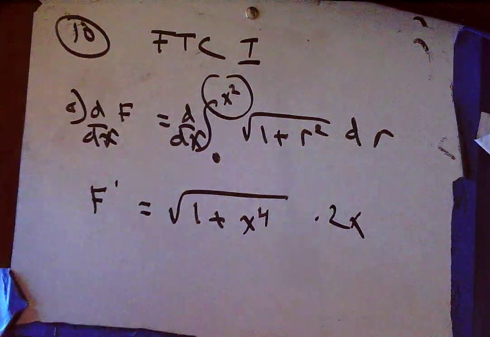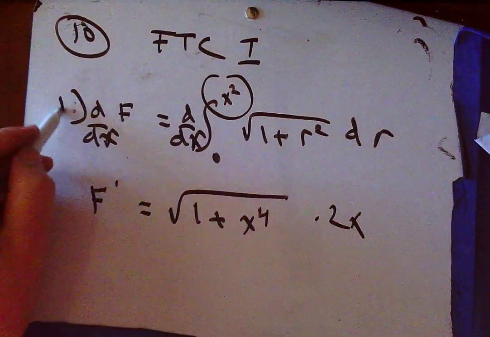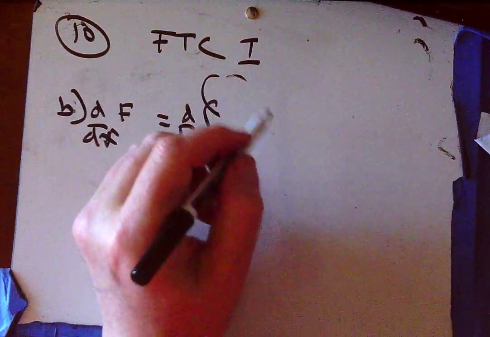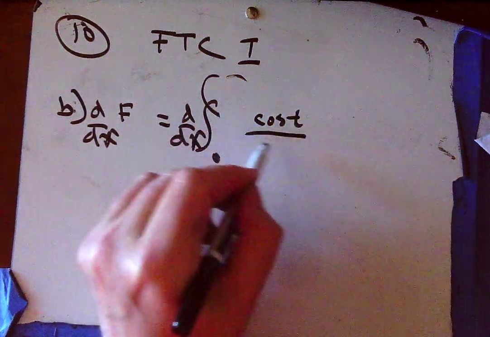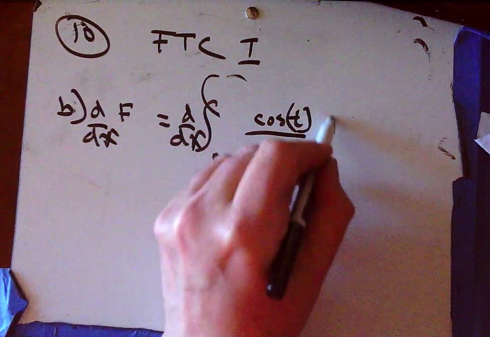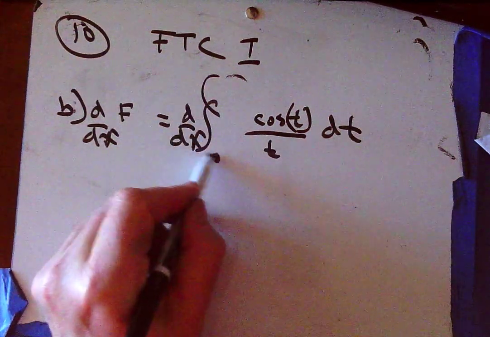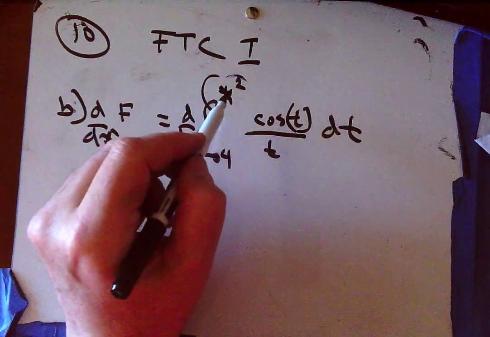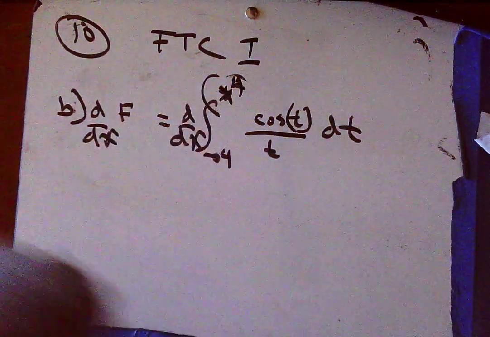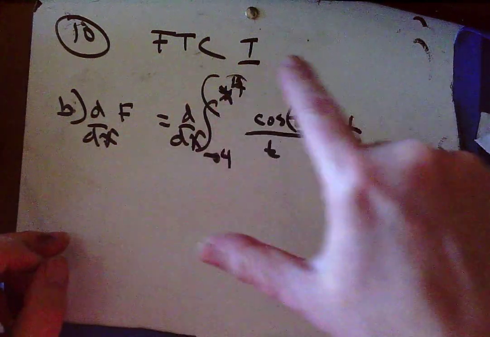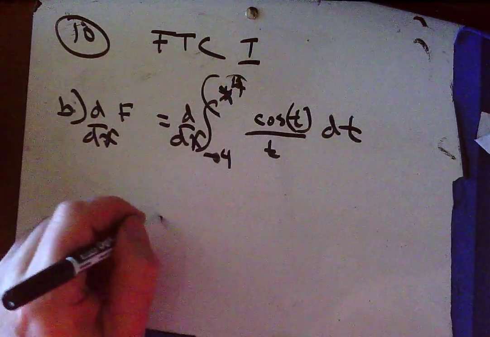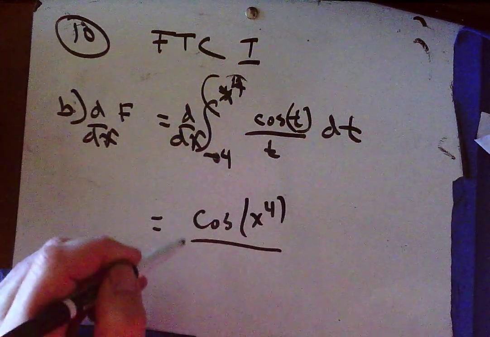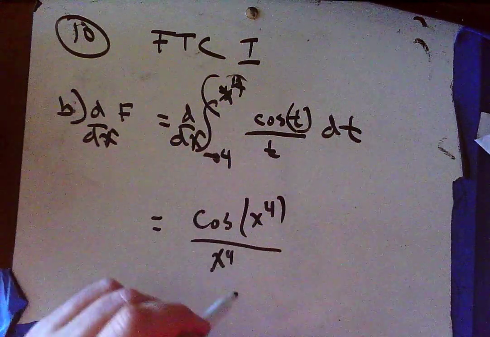If I'm looking for part B, my function now says the integral of cosine of t over t dt, from negative 4 to x to the fourth. Okay, derivative of this integral: this pops into both of those places. So we're going to have cosine x to the fourth over x to the fourth.